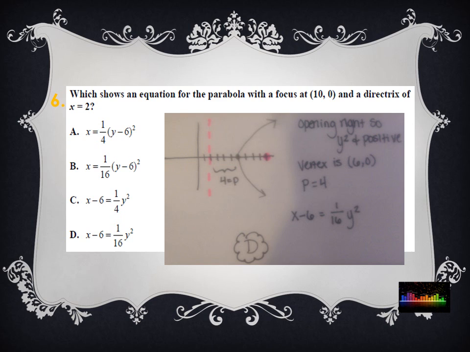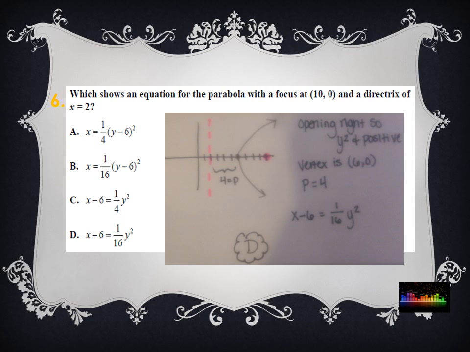Since we know that our focus and our directrix are equidistant from our vertex, we can find our vertex by taking the distance between the directrix and the focus and dividing it by 2. So our p value is 4. So when we go in between those two values, you get your vertex is 6, 0.